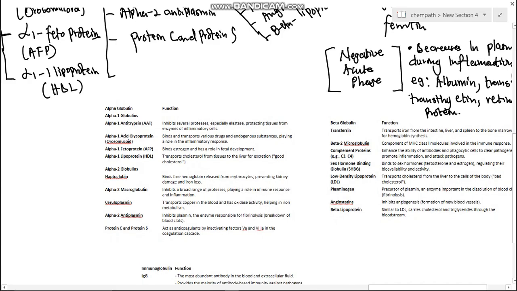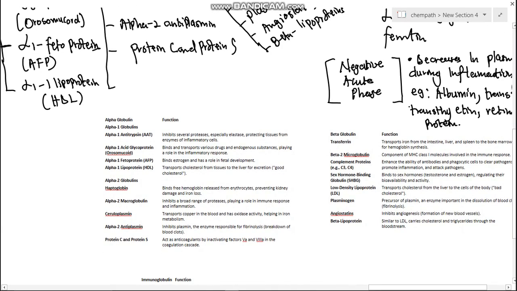Then we have alpha 2 proteins. For the alpha 2 proteins, we have haptoglobin. Haptoglobin binds free hemoglobin released from erythrocytes, preventing kidney damage and iron loss. That is one function of haptoglobin.